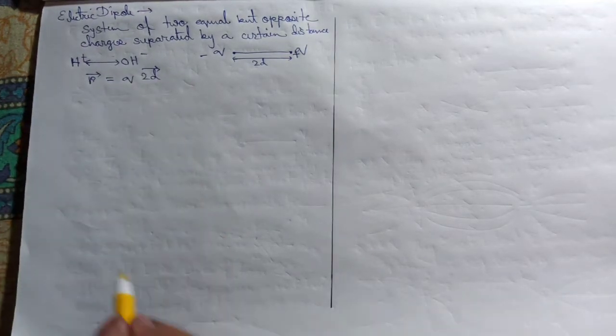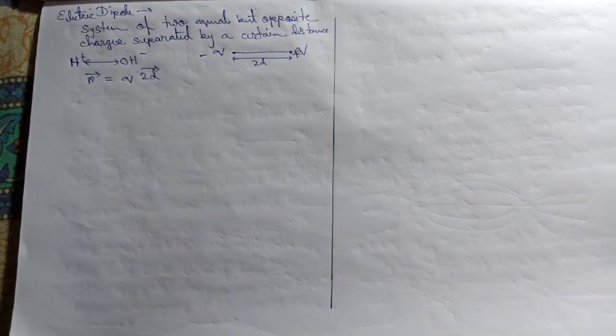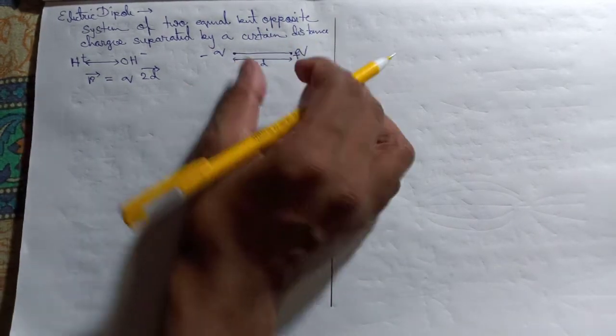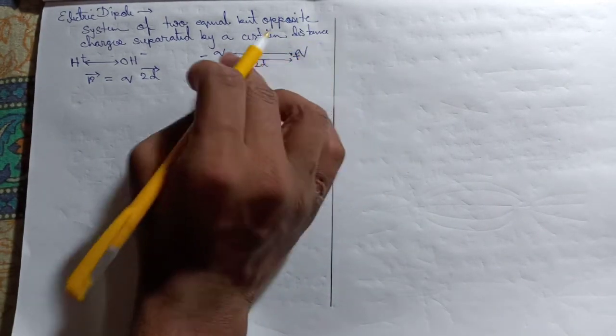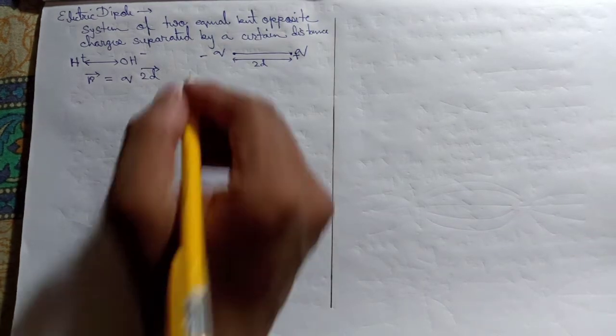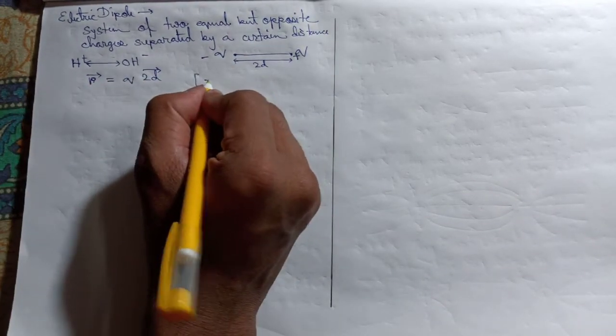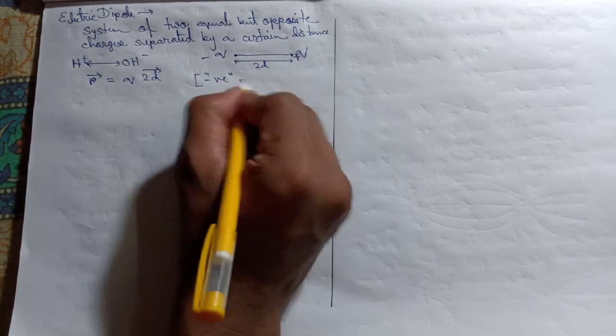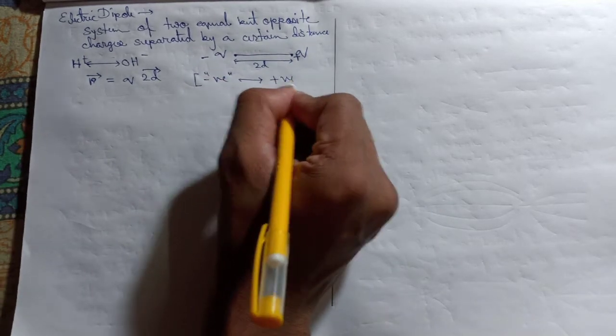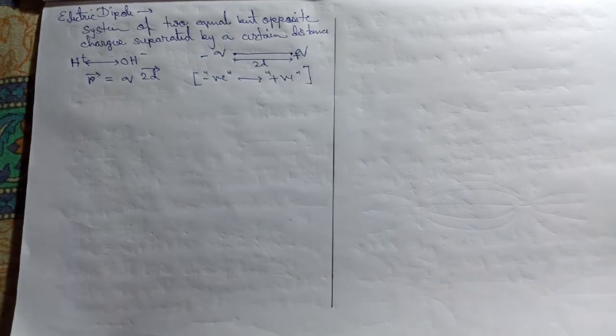Generally the direction of the dipole moment is along the distance, from the negative to the positive charge. Just try to understand or memorize this, you have to use it later.